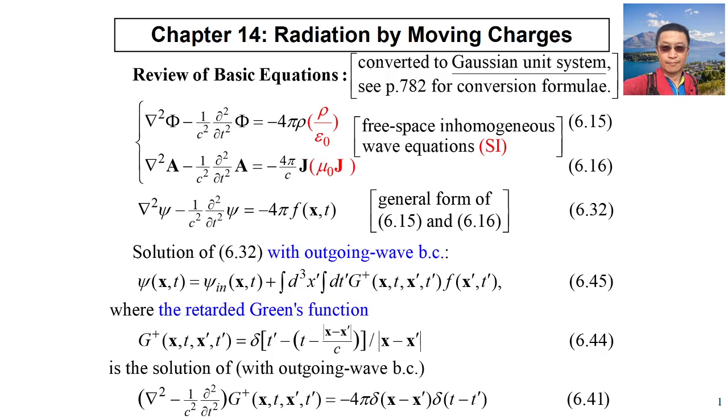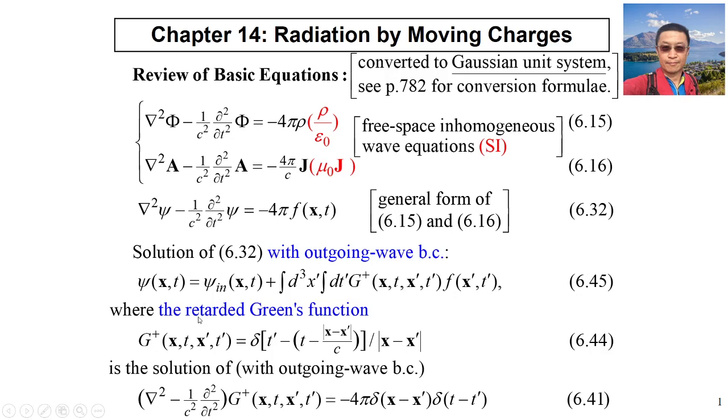Actually, if you have a look at chapter 9, page 10, and page 9, you will find the retarded Green's functions. In chapter 9, page 10, you will find the retarded Green's functions.